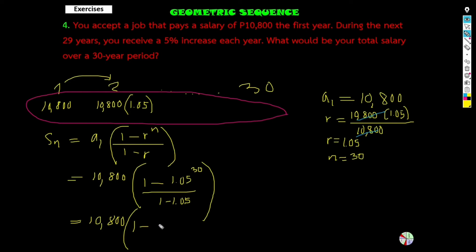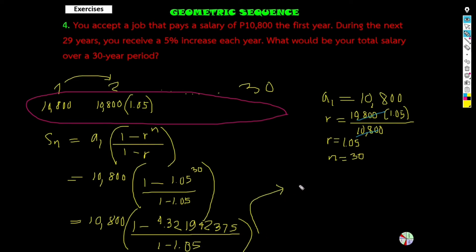It's a long number, 4.321942375. Okay, so that it will be accurate, all over 1 minus 1.05. So we will get the final answer here.